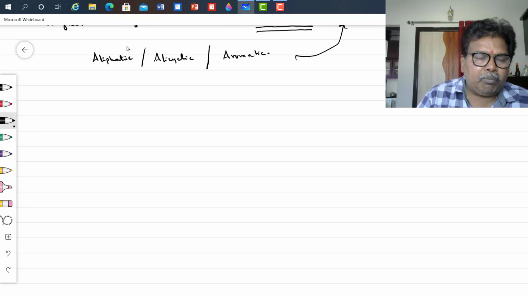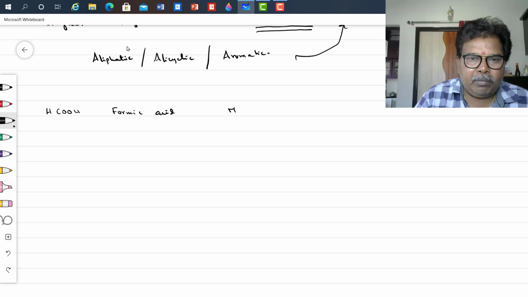Now see some carboxylic acids. HCOOH, formic acid, IUPAC name methanoic acid.